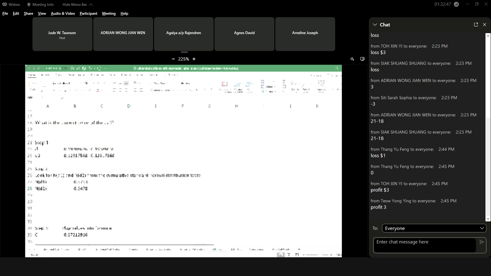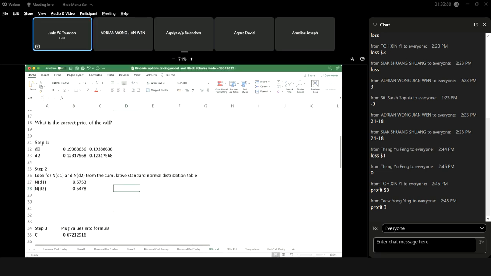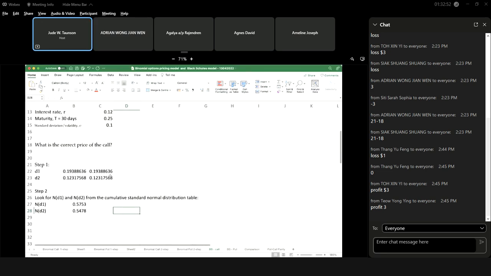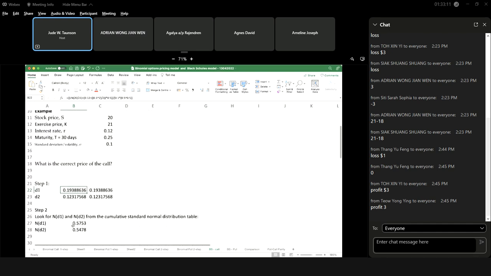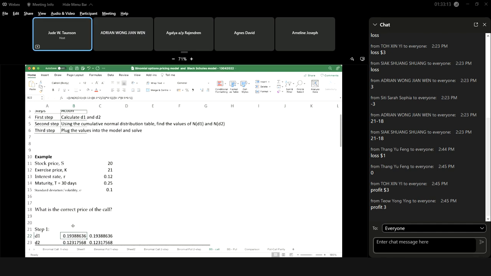Okay. So we have the table. All right. So please remember this value. D1 is 0.1938. Please remember this figure, yeah. And D2 is 0.1232. Okay, please jot down somewhere.